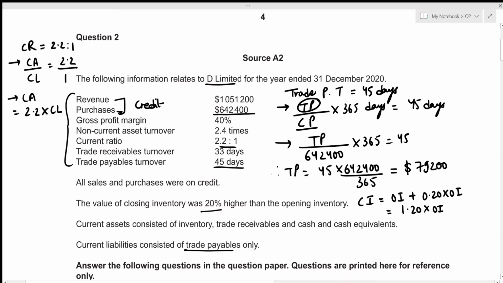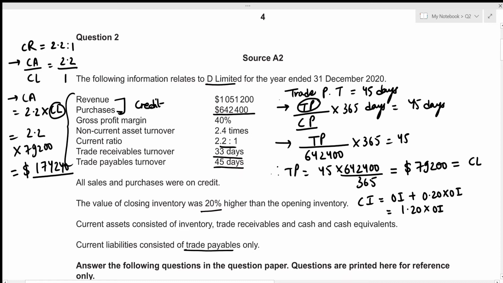And since current liabilities consisted of trade payables only, this is the amount of the current liabilities as well. Let's substitute that amount here. So that's just going to be 2.2 times 79,200. So this gives our total current assets to be 174,240.